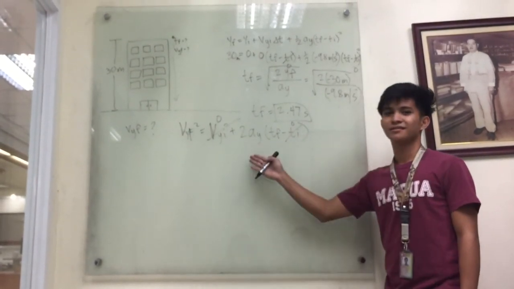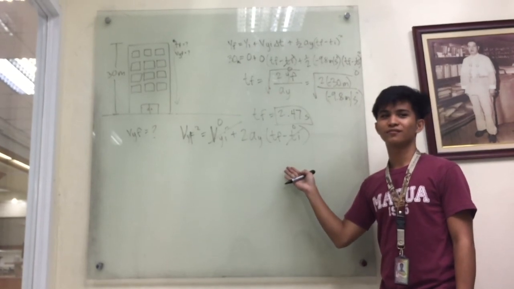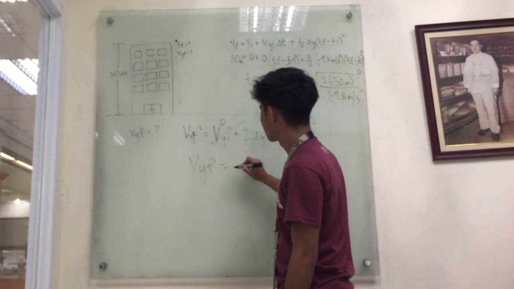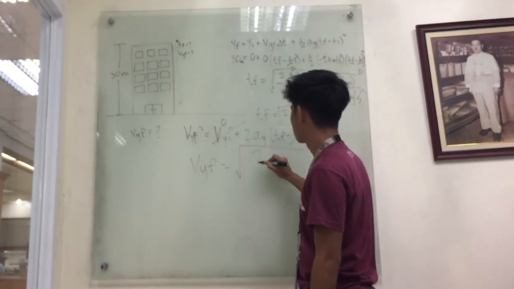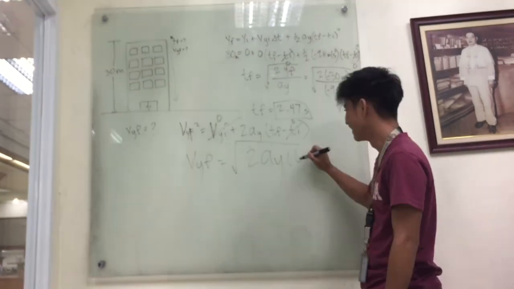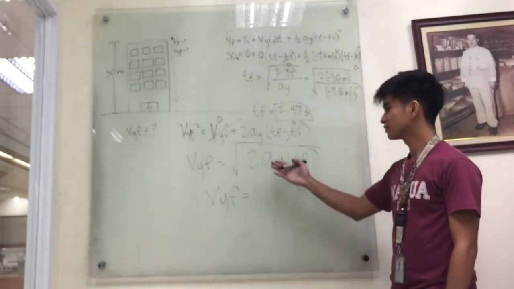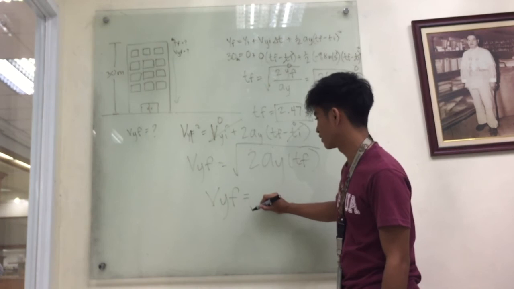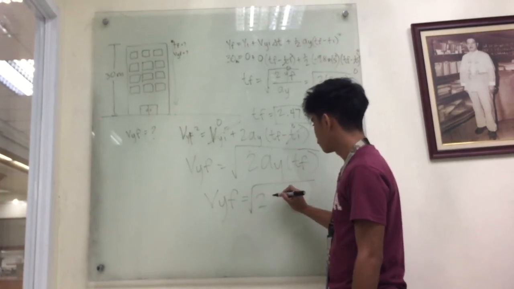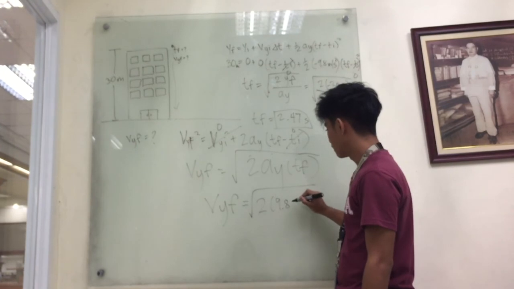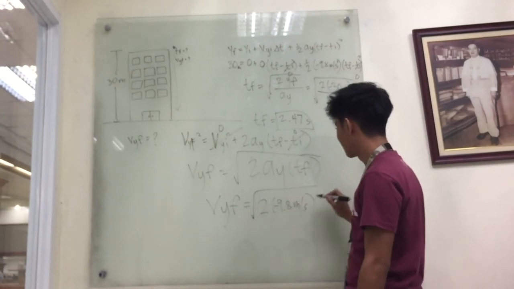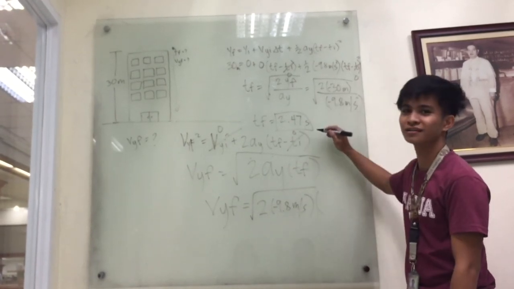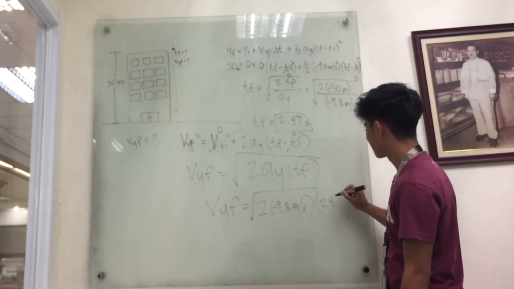With this equation, we can derive and find the final velocity, which is not constant. And we can substitute the values in our final derived equation, which is square root of 2 divided by 9.8 meters per second squared, and our final time, which is what we got earlier, 2.47 seconds.